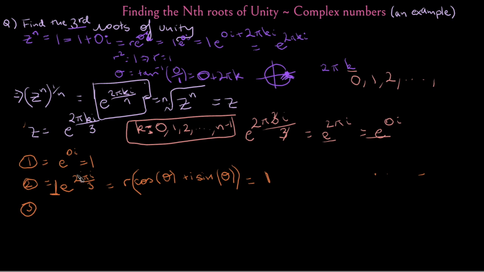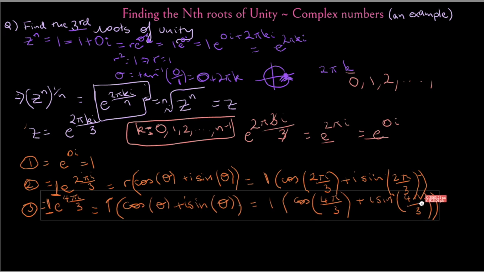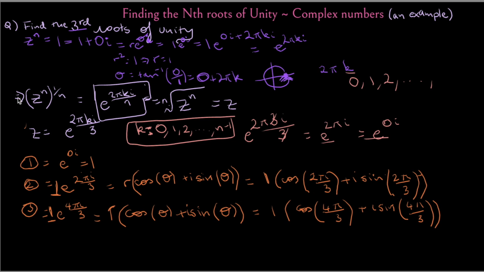And theta is just this part, so it's 2 pi over 3. So cosine 2 pi over 3 plus i sine 2 pi over 3. Right. Similarly, we could plug in k is equal to 2, which is just this.